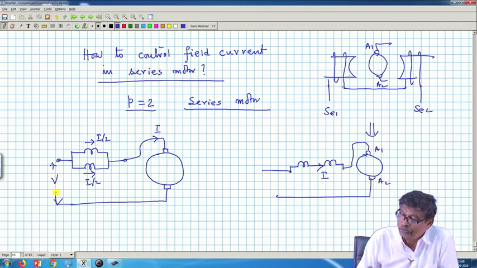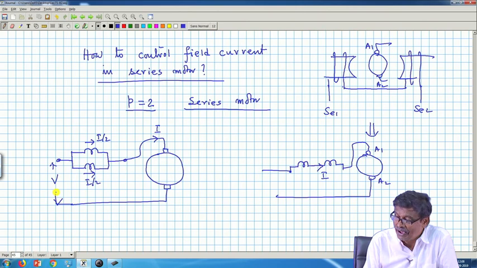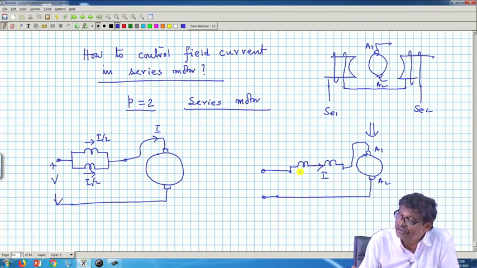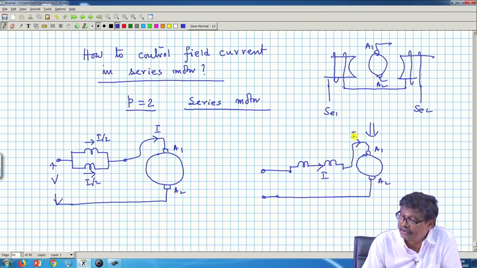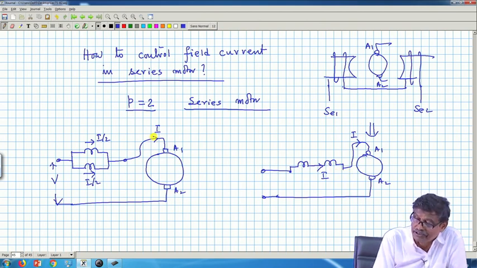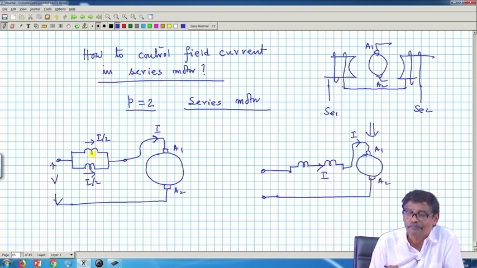So, a two-pole machine having two coils, I can connect either in this way, or I can connect these two coils in parallel and then this parallel combination in series with the armature. Then for the same current I here, the current in these two coils is I by 2, I by 2.